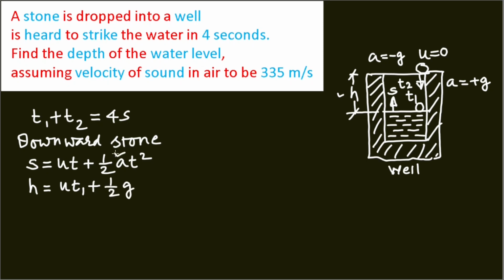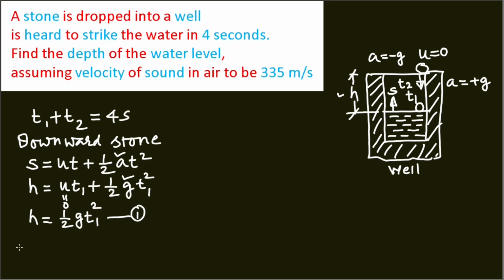We replace this a by plus g because the motion is downwards, and t by t1. Since the initial velocity is 0, we get h equals half g t1 square. So we name this equation as 1.